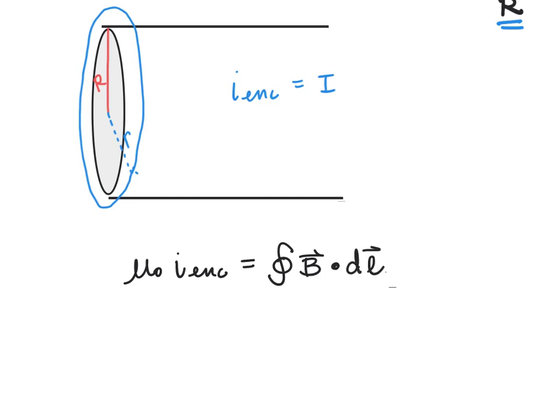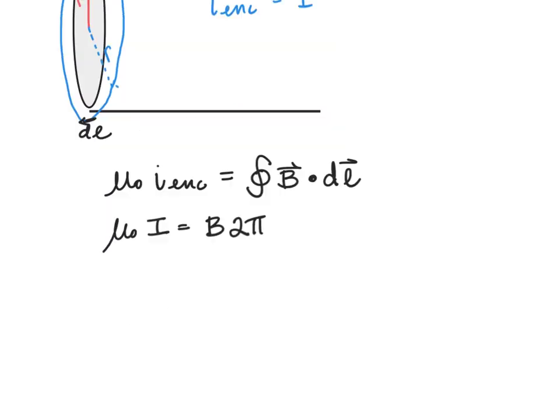And remember, the dl is the little bit of the Amperian loop around here, so that's your little dl. And the current enclosed would just be I. And then over here, we end up with the magnetic field strength times the magnitude of that dl, which would be the length of that loop, which, because it's a circle, would be 2 pi r, because the radius of the Amperian loop is r.